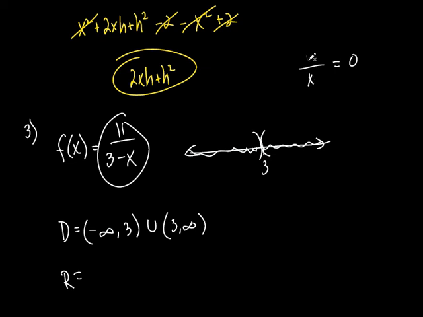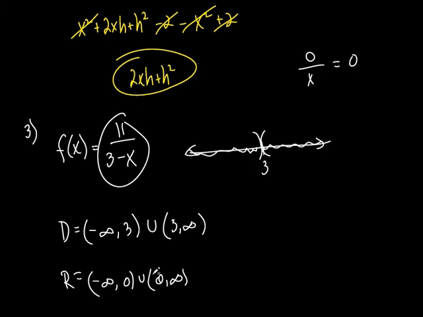Right. The only way this could equal 0 is if the top was equal to 0, right? Is the top ever going to equal 0 on this function right here? No, it won't. So I can get any answer in the world except for 0. And how do we show that? Negative infinity to 0 union with 0 to infinity. Remember, this does not include 0 because it's open here at 0.